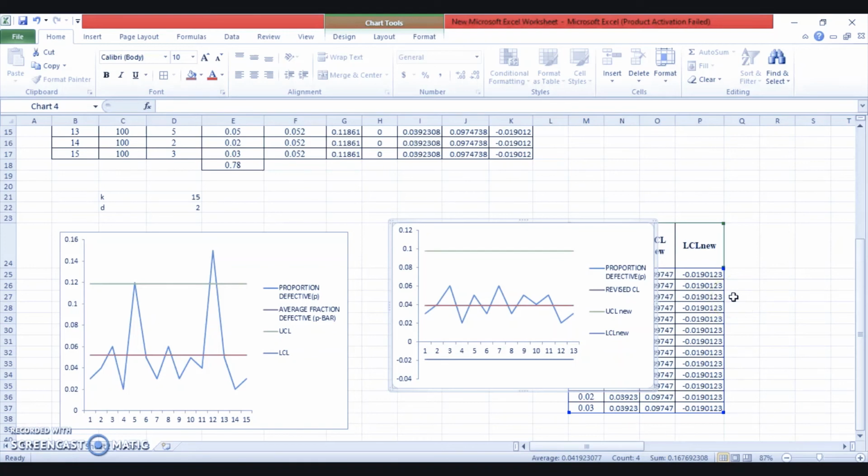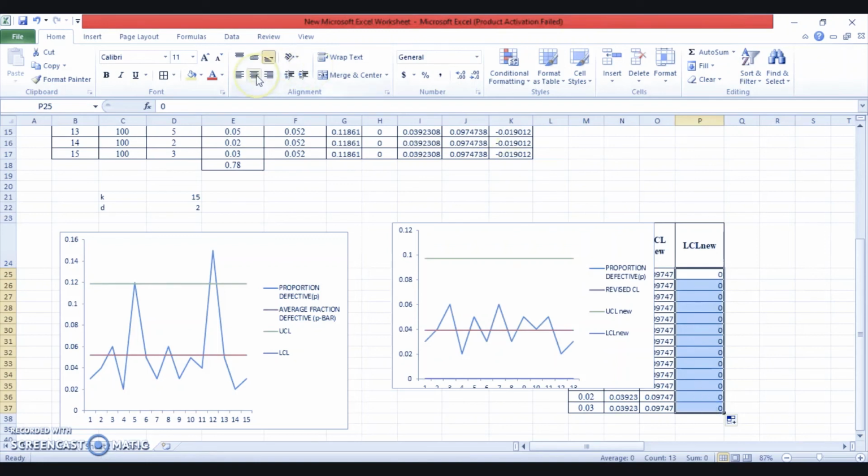So we set the values to 0, hence we change the lower control limit value and see what happens. Alright, so this is your lower control limit and upper control limit, represented by the green line, and the red line represents the revised central line, also called p bar new.